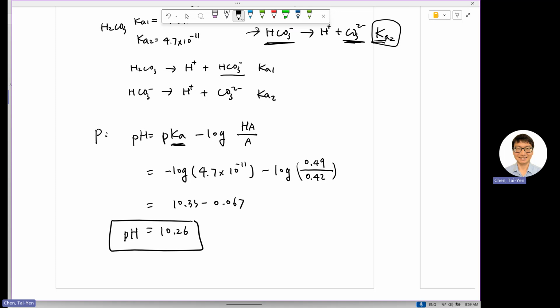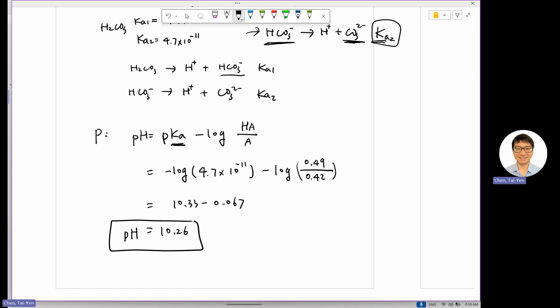You can use the equation that contains the conjugate acid and base pair in a single equation. If you look at the first equation, the Ka1 equation, you have H2CO3 and HCO3 minus.